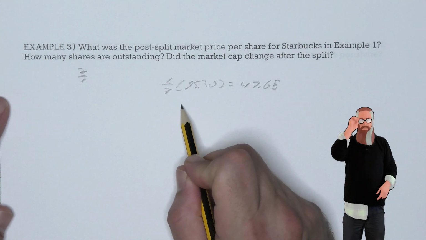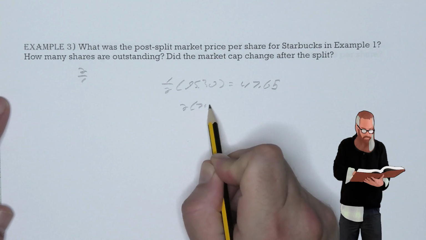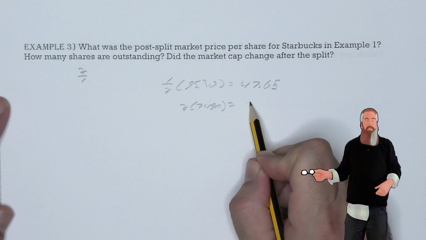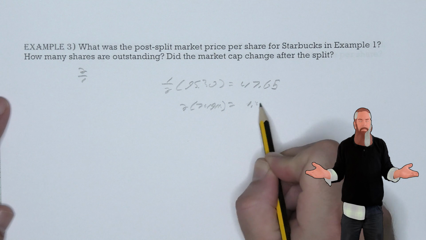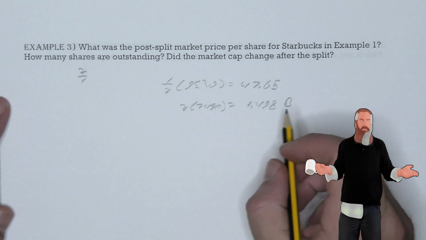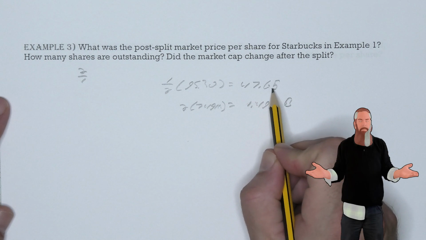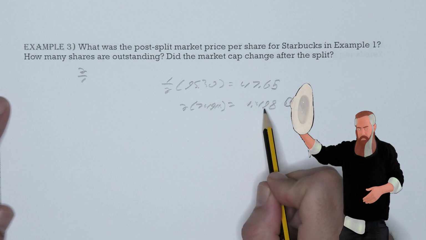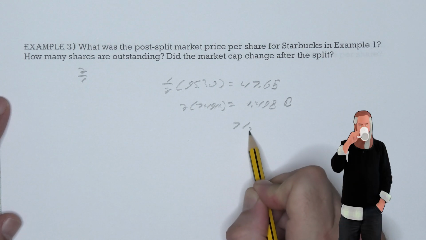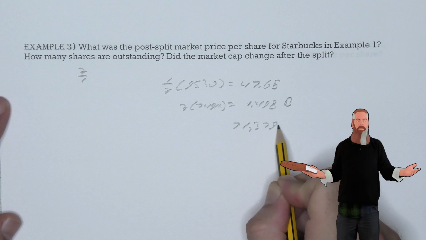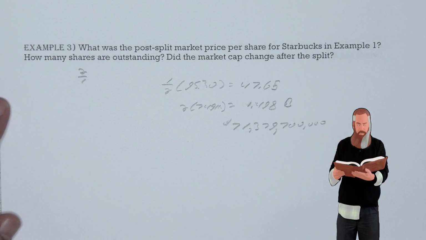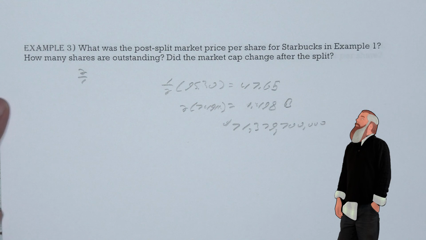So now there are 2 times 749 million shares, which gives us 1.498 billion shares. If we multiply 47.65 times 1.498 billion, we get $71,379,700,000, which is the same as it was before the split.